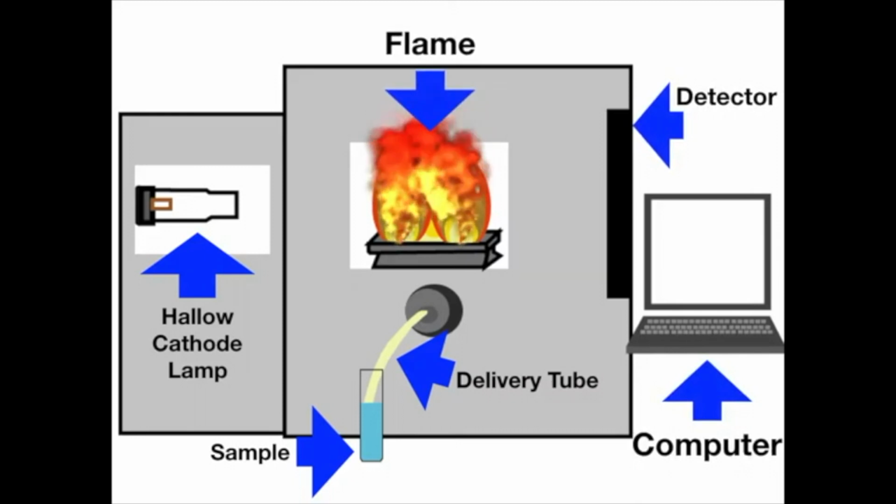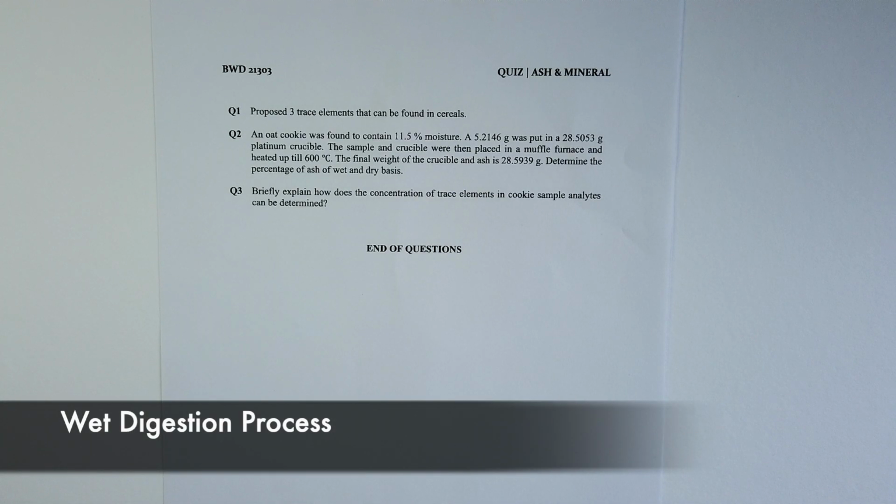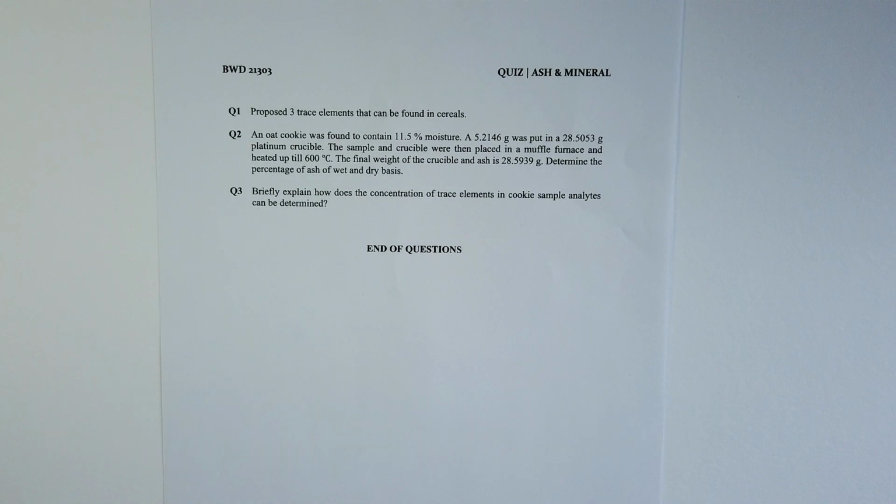You need to tell that the cookie needs to be digested first. The digesting method that is suitable for AAS is the wet digestion, which means the cookie needs to be digested using the wet digestion prior to analyzing with the AAS.